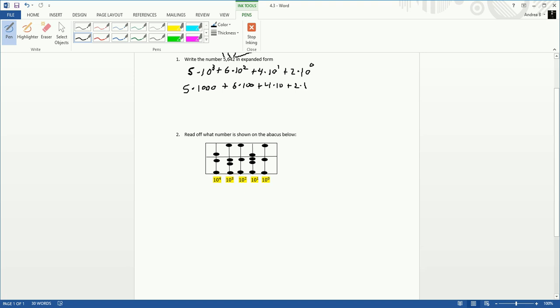The part that I have highlighted down below here with these exponents of 10s would not normally be in the problem. It would normally just be the abacus, and you have to decide what the number is. But similar to that expanded form, you start with the right hand side as being 10 to the 0, 10 to the first, then 10 to the second, and it keeps increasing as you move further to the left.